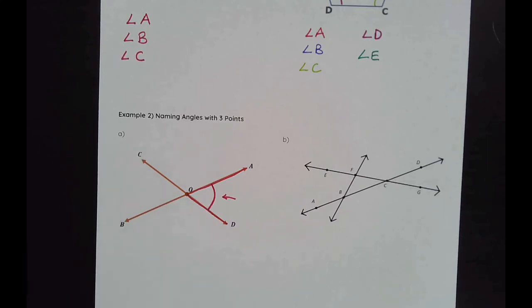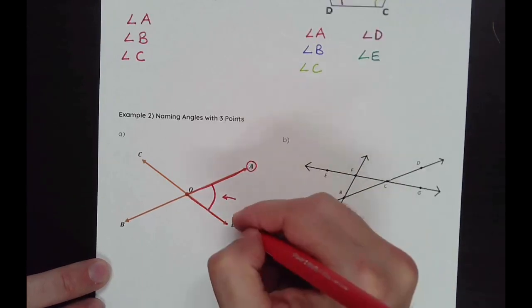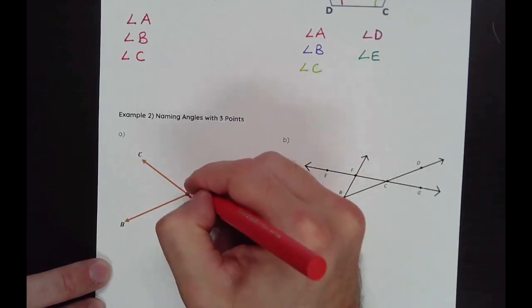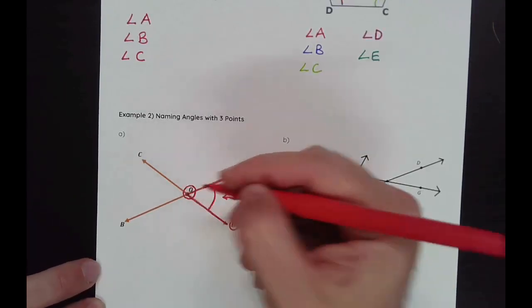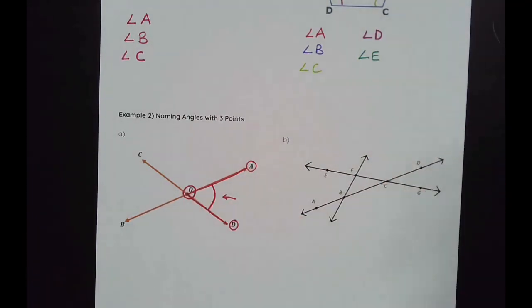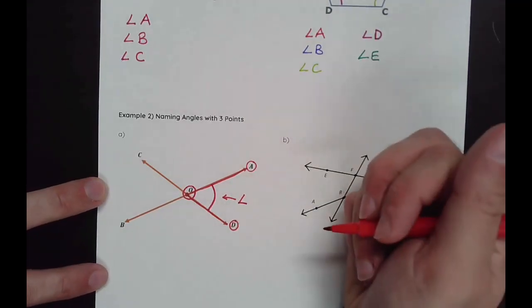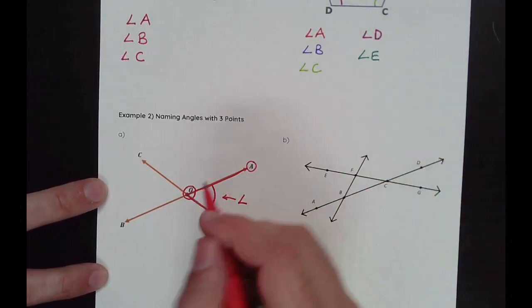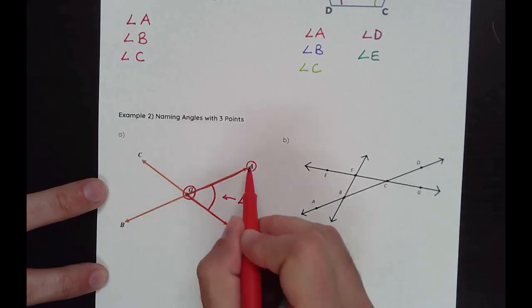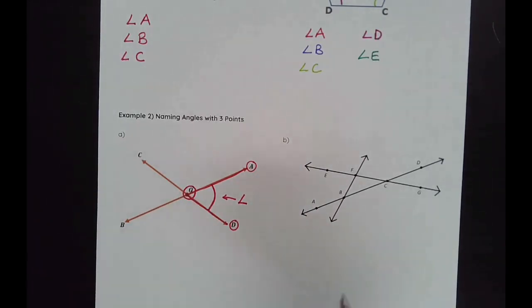So what we do is we are going to use all three points or variables that make the angle. So we're going to involve A, we're going to involve O, and we're going to involve D. So this would be angle. Now here's the important part. The vertex will always be in the middle of my three letters. So I like to think about it as if I were to draw or trace the lines.